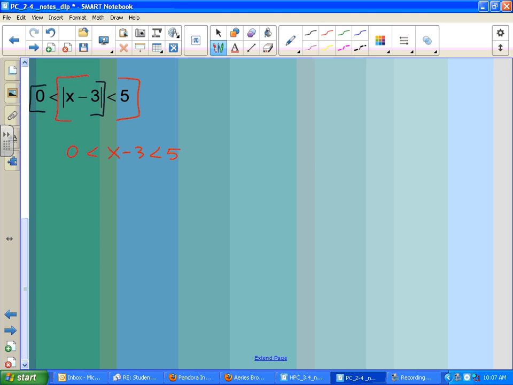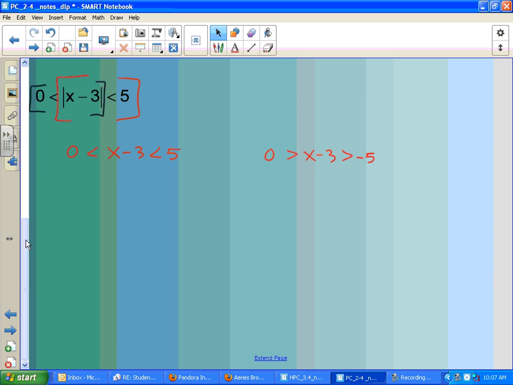And then we can also have x minus 3 greater than negative 5, less than 0. Now I don't have to put a negative in front of 0 because 0 is neither negative nor positive. So look at that. We switched it, right? Just like we did on the last one, when we were talking about a non-absolute value problem. We've taken the two parts and we're solving them simultaneously.